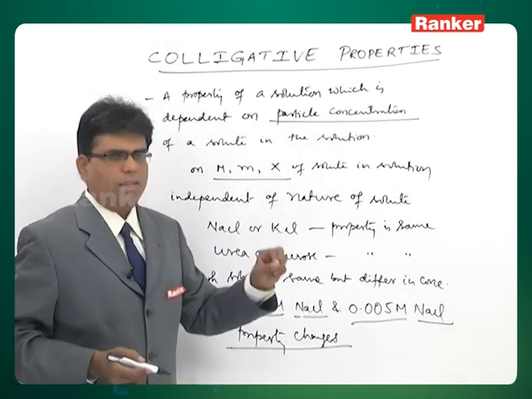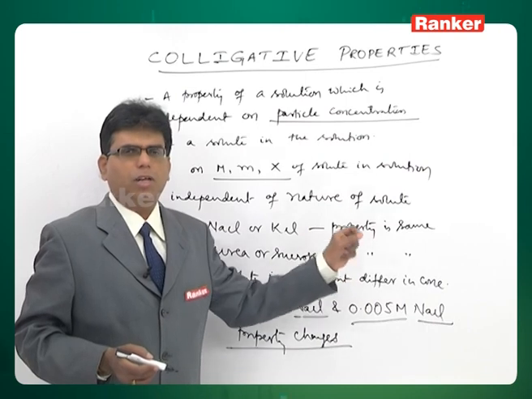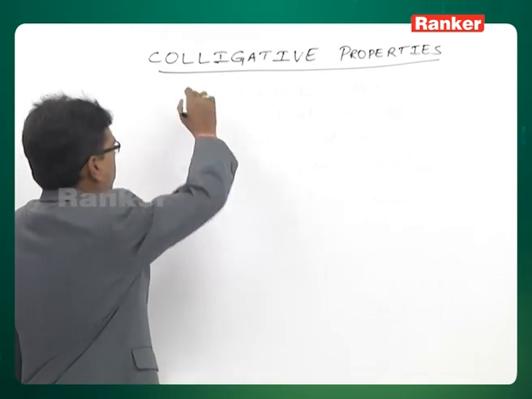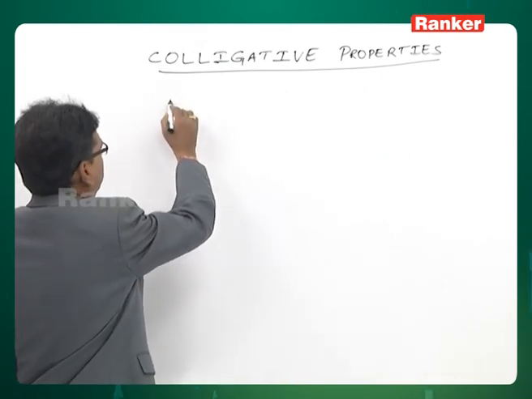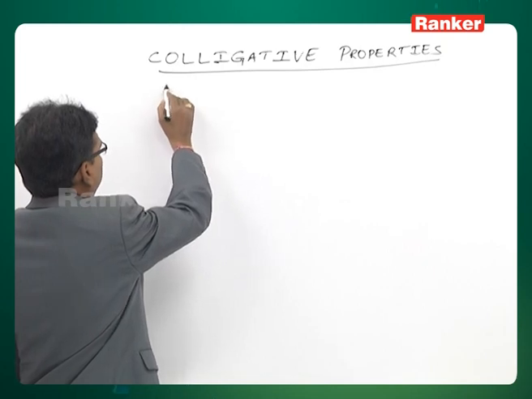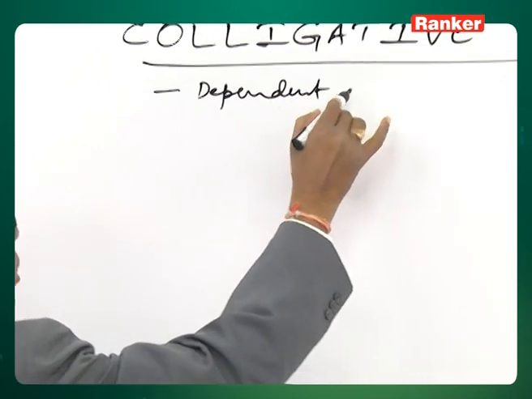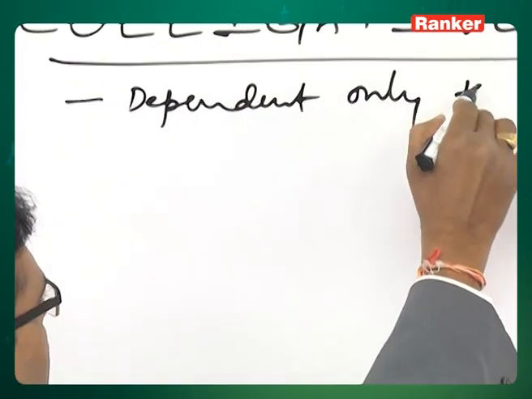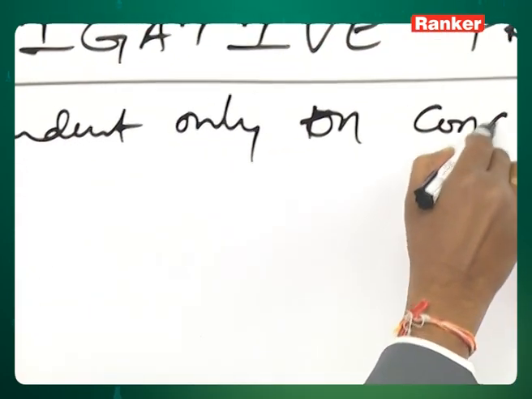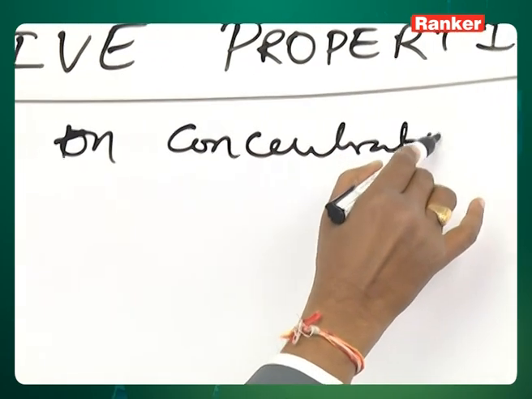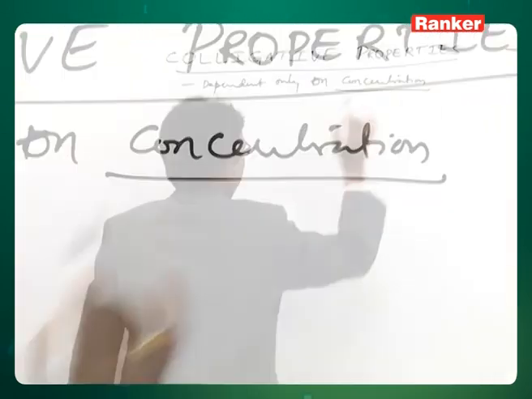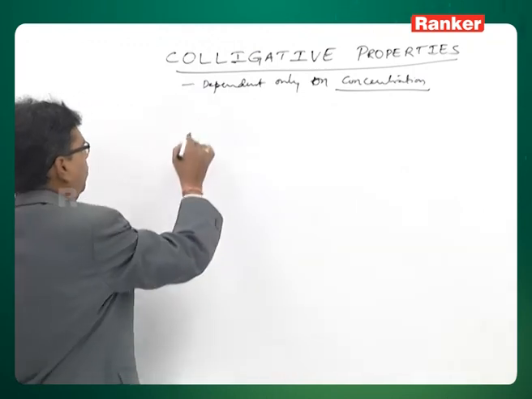Now, what are the different types of these colligative properties? These colligative properties are dependent only on the concentration of solute. What are they?